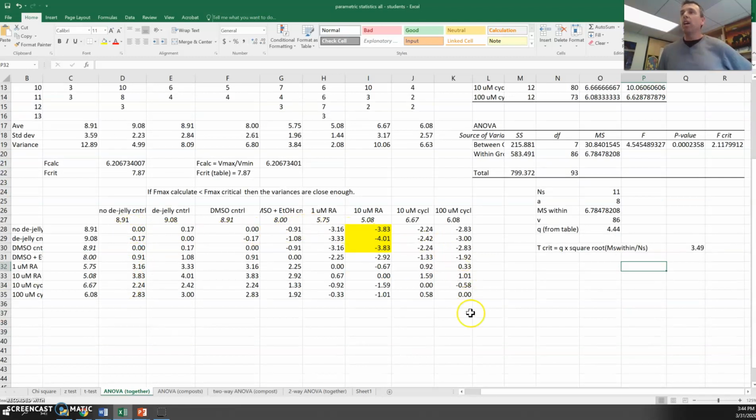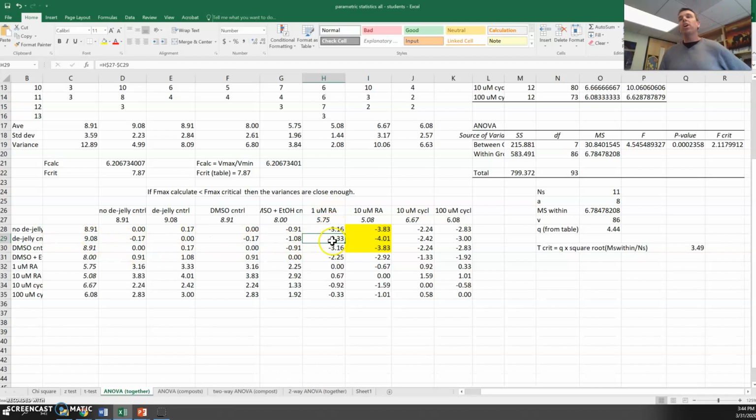But really, in order to do this, we want to set up a table so that we're making every comparison. In this table, all I've done is I've taken the averages from all of my groups and put them on columns and rows here. That way I can take each one and subtract this minus this, and each of these values is comparing two different groups. For example, this value right here is comparing the 1 micromolar retinoic acid to this.